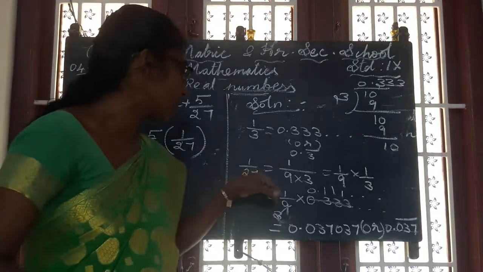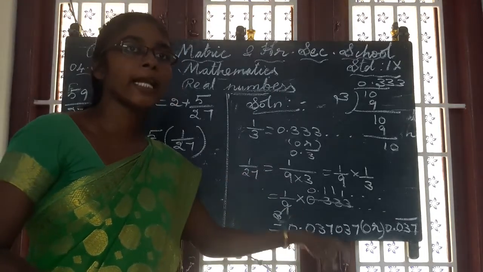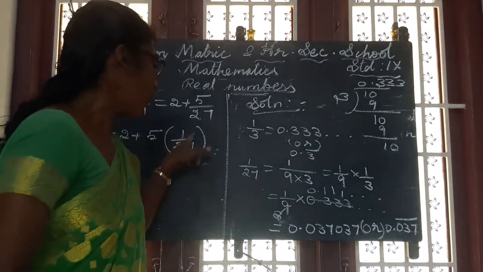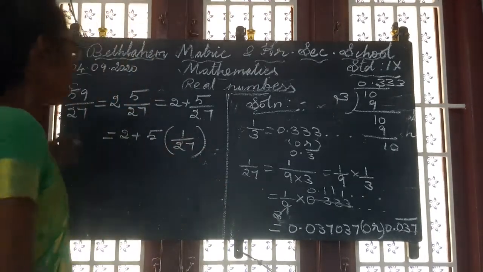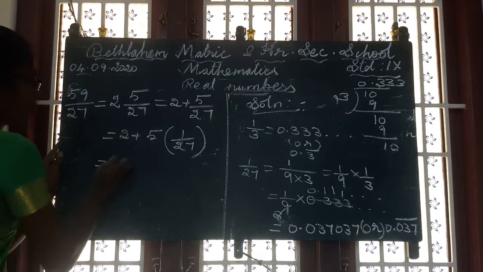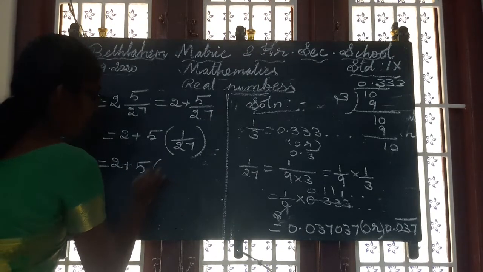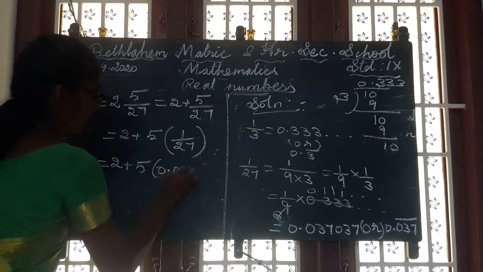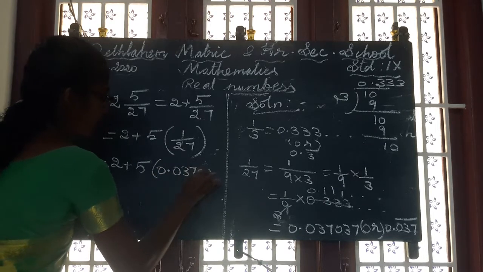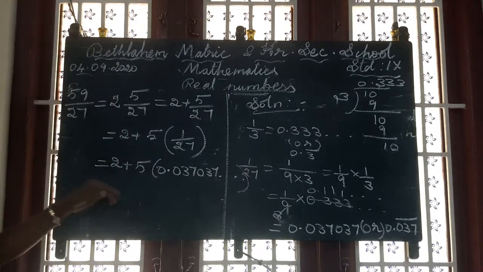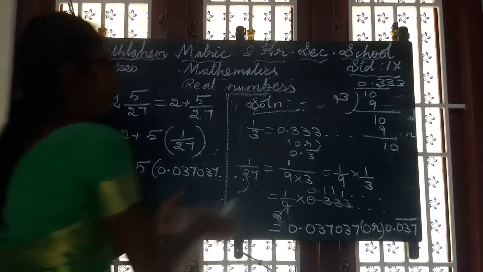Already we know the decimal expansion of 1 by 27. Here we are using it. So we get 2 plus 5 into 0.037 etc. What will we get when we are multiplying?